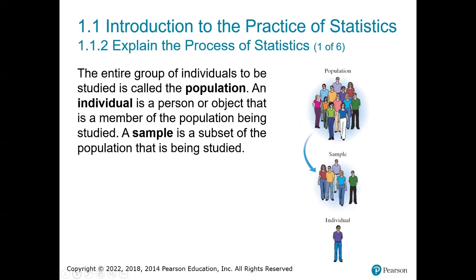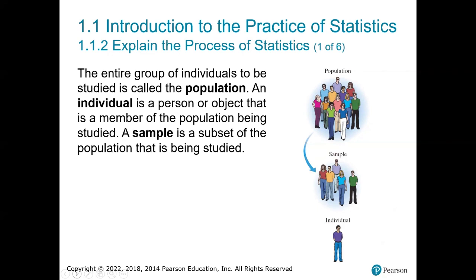All right, so here's what happens in statistics. We have a population. That is the entire group of people that we want to study. So that could be the entire United States population. It could be children aged 6 to 8. It could be females age 50.